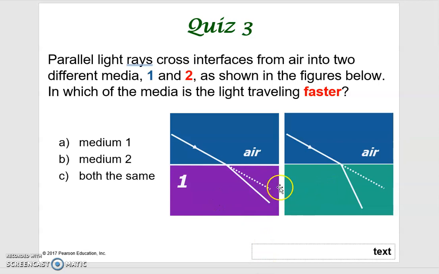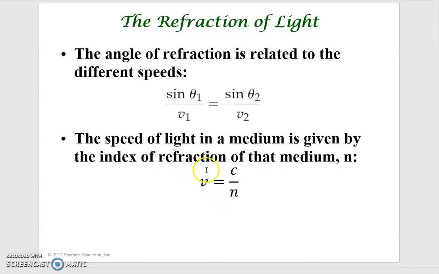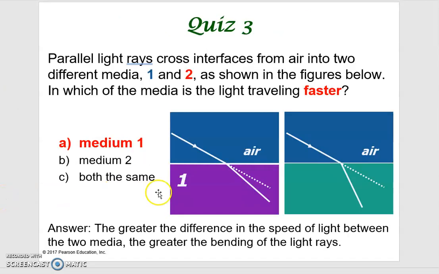Based on how the refracted light is bent, could you determine in which of the media the light travels faster? Just to give you a hint, this is how the light is bent. It depends on the density, and the density is related to the speed of light in that material. Okay? So now the answer is A.